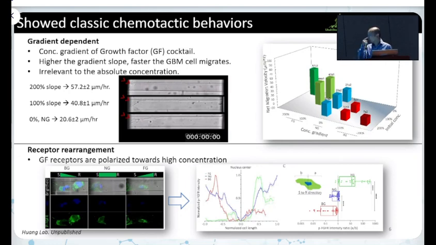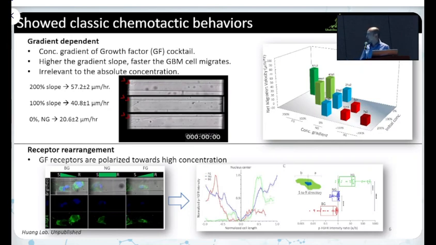Another typical chemotactic behavior that we see is how these gradients can polarize the local distribution of the receptors. Okay, here we use the growth factor receptor beta FGF. Looking at the cell distribution, it pretty much follows where the higher concentration of the growth factor is.